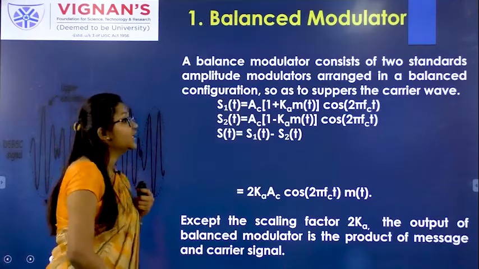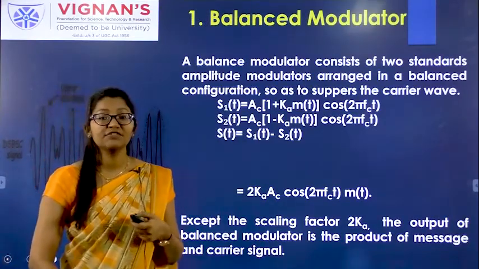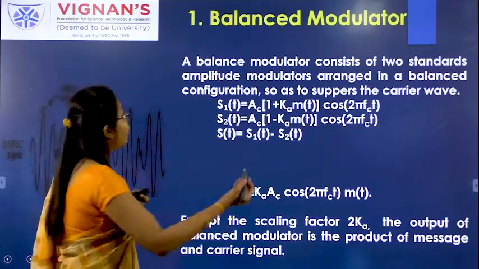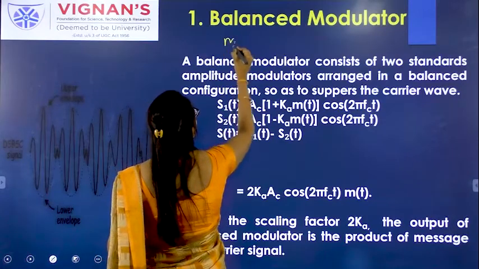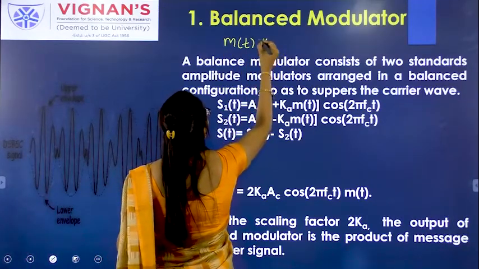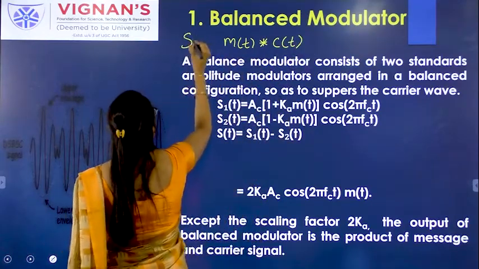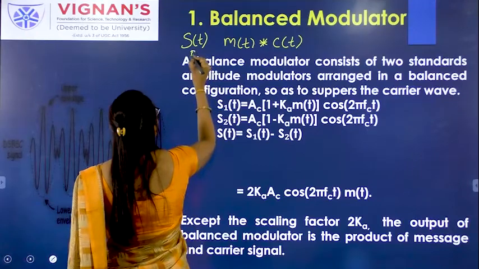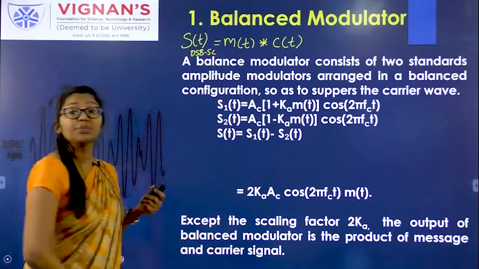What is the time domain representation of DSB-SC? We have already seen, that is m of t into c of t. This is what we discussed in the previous session.